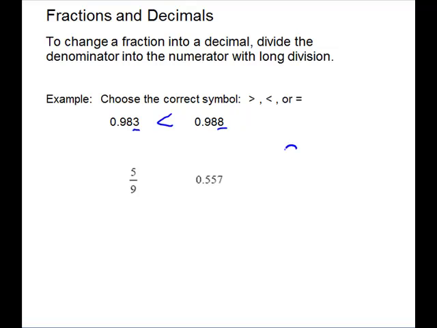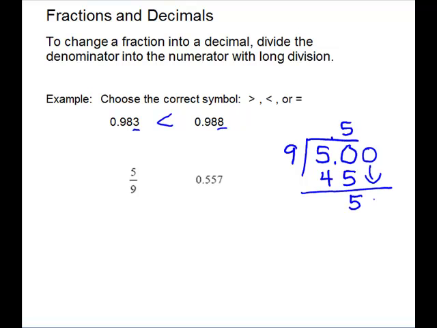9 into 5. Won't go, put my decimal, take it up, add some zeros. So 9 into 50 will go 5 times, multiply back. 5 times 9 is 45. Subtract, add a 0, bring down. 9 into 50 is going to go 5 times. 5 9s are 45.